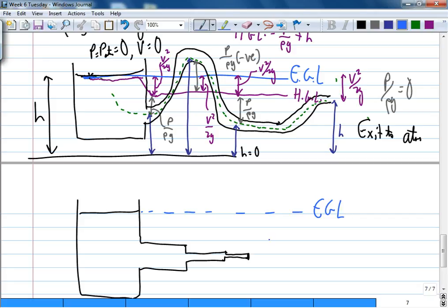Now that we're smart, we know HGL should end here. This should be the HGL, should end here. This one, draw a straight line.